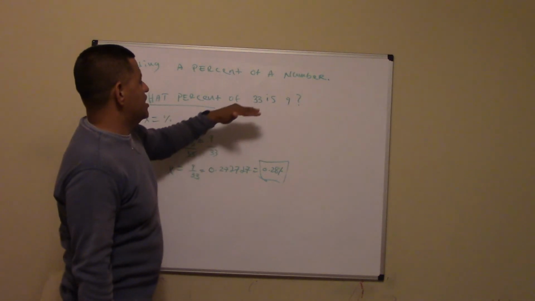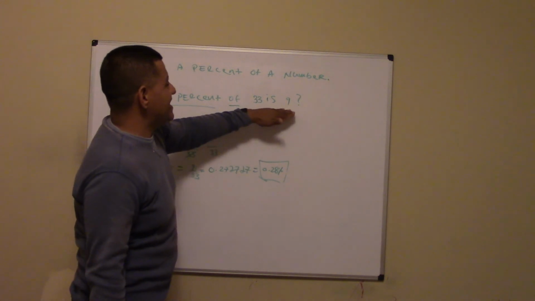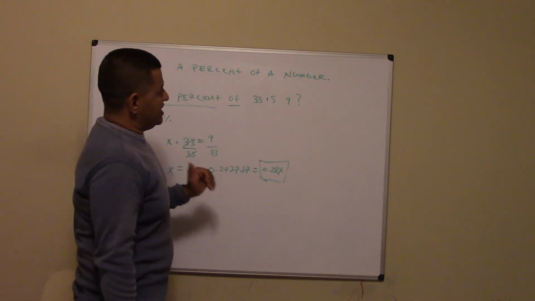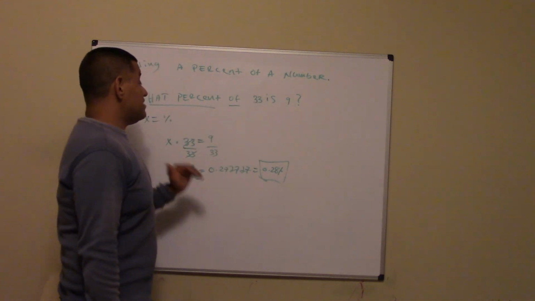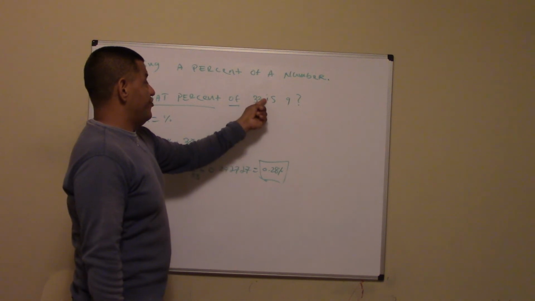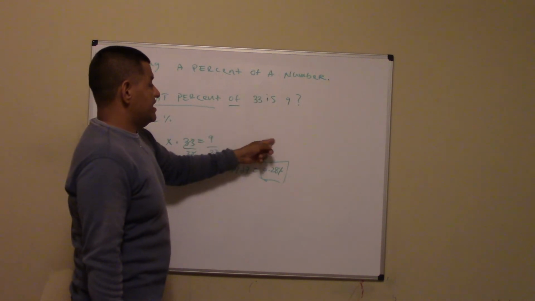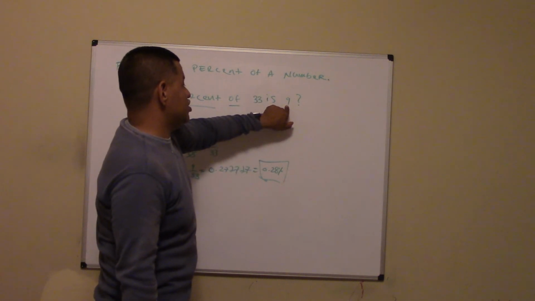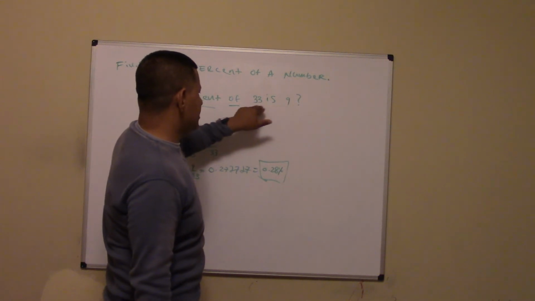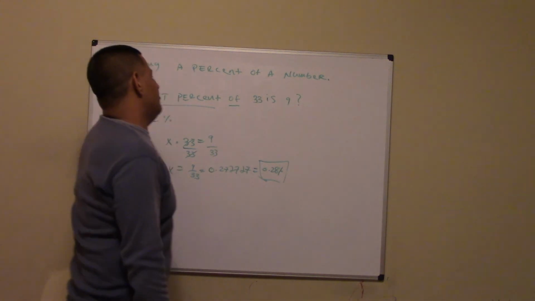What percent of 33 is 9? Which means that this is the denominator, and this is the numerator, which is a part of the whole. Part over the whole, and that would make sense.